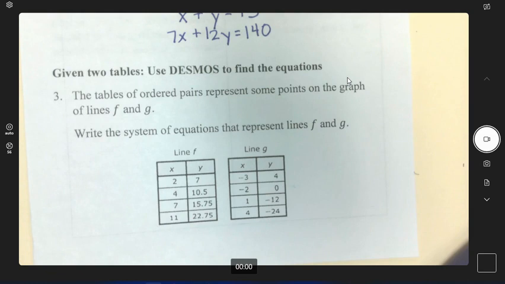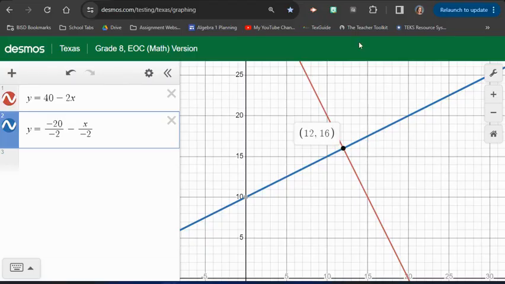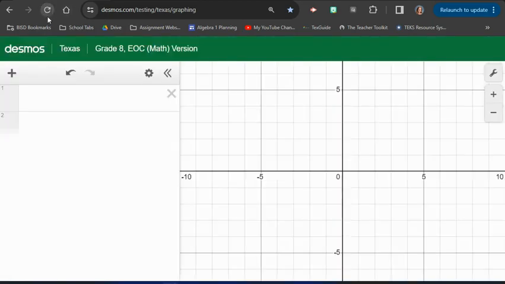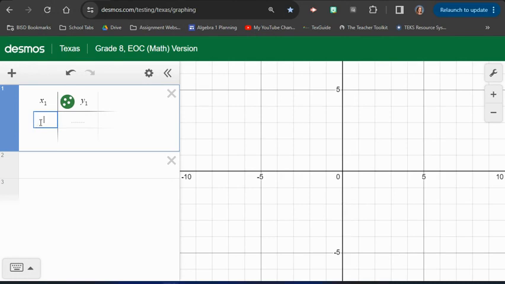Do them one at a time. I'm going to refresh my Desmos. All right, so I'm going to go ahead and start.